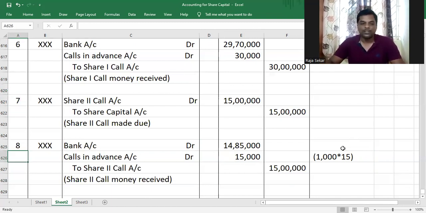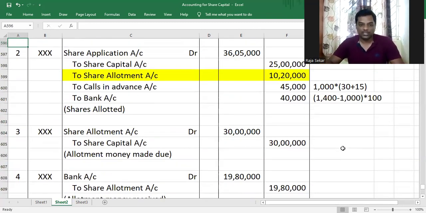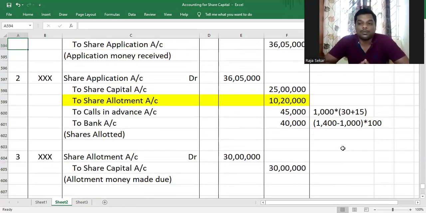That's it. So whenever there is a situation like this where the entire amount on certain shares has been paid by the shareholder along with the application money, it leaves us in a fix. We have to refund all the amount received on this application for that particular shareholder.